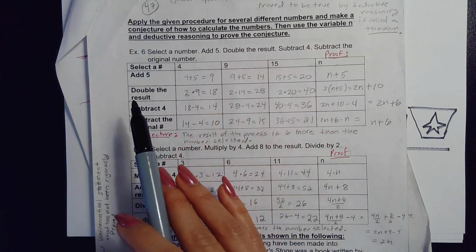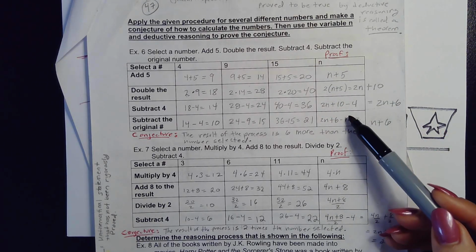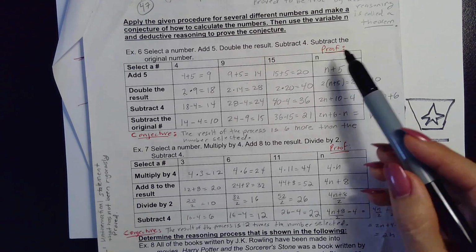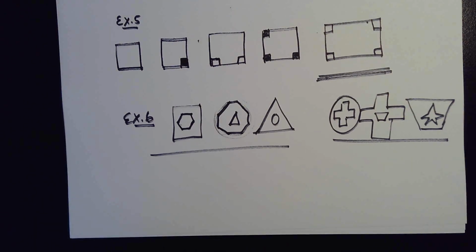We make a conjecture based on the observations of how to calculate the numbers. Then we use the variable n and deductive reasoning to prove the conjecture. So our goal is to prove the conjecture. We have to come up with the conjecture first, and then prove it for the general case.